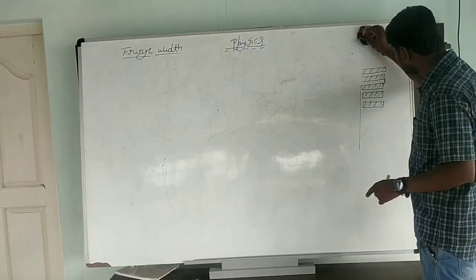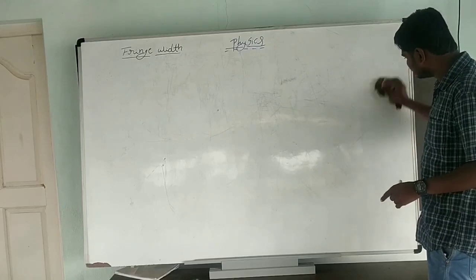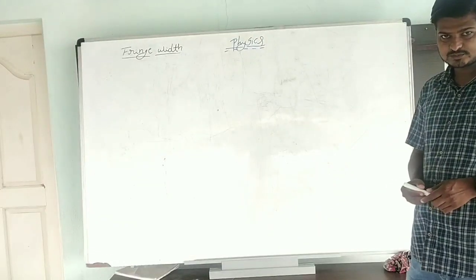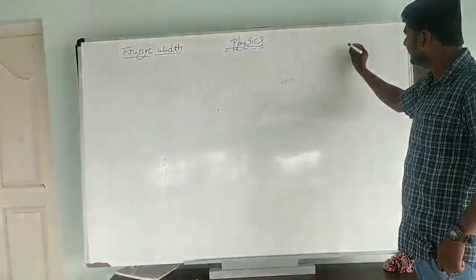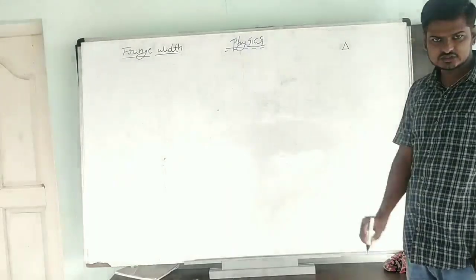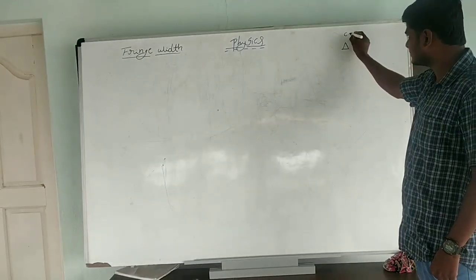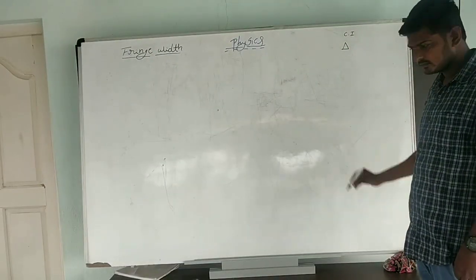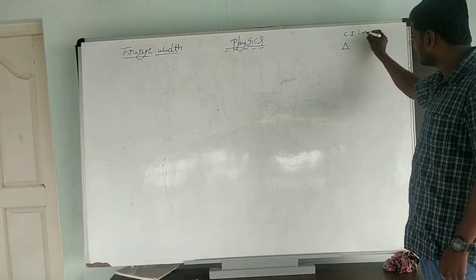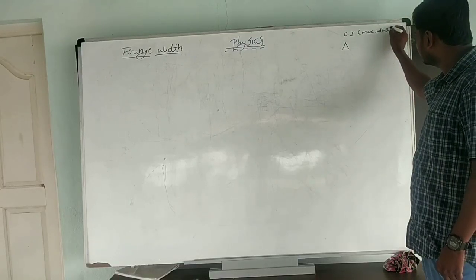Next, in Young's double slit experiment, we are going to mention the path difference. The bright fringes mean constructive interference, which means maximum intensity.